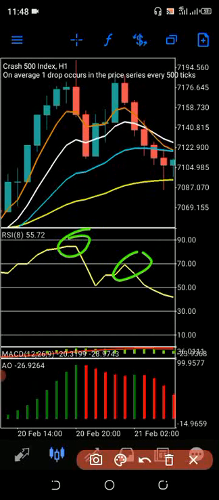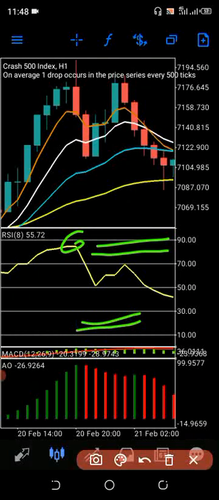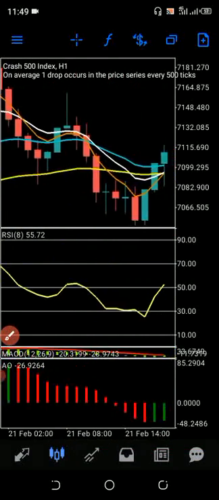This place is overbought level. All these places are at overbought level, and all these places are at oversold level. Now, how do you identify these things in your trade?